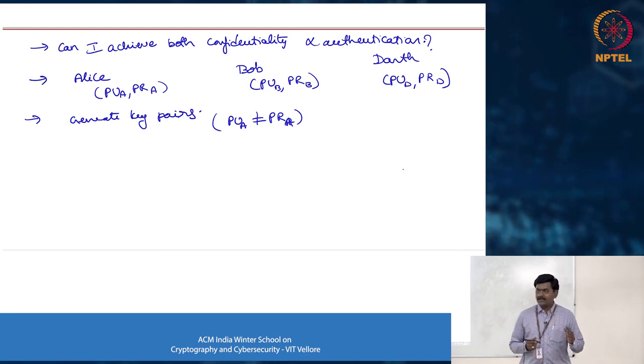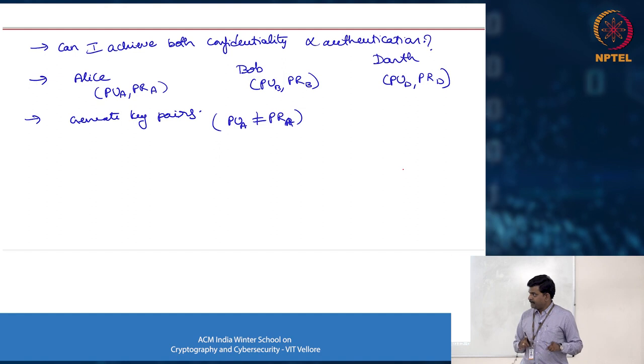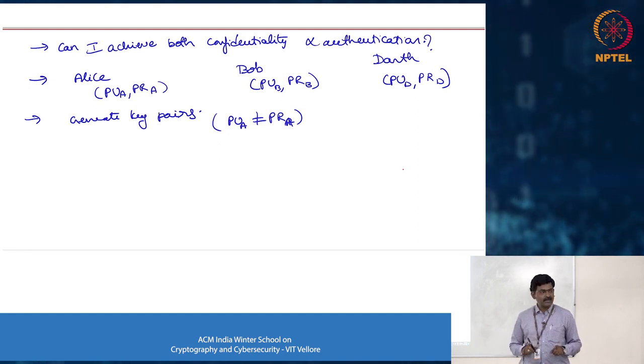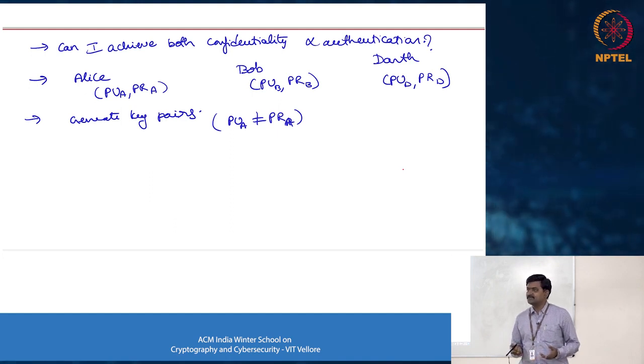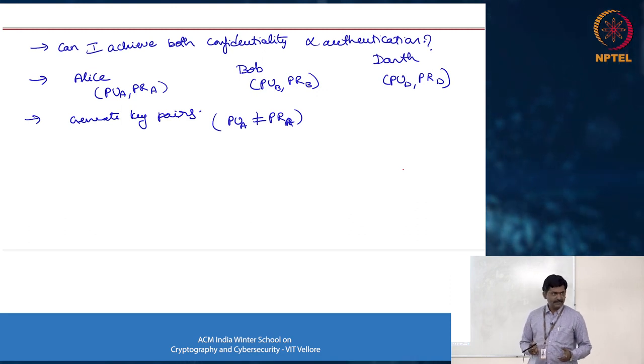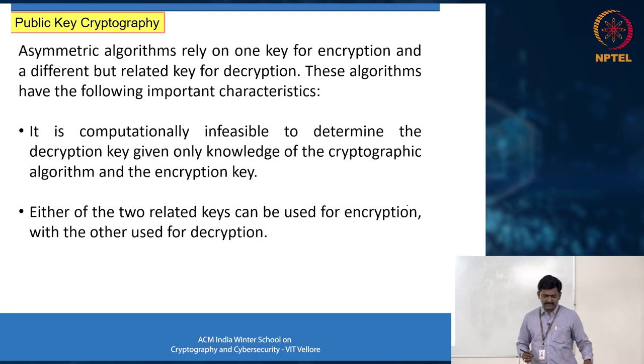The attacker should not be able to deduce or infer the private key from the public key. If it is out, your entire security ball game is out. That's what this is about.